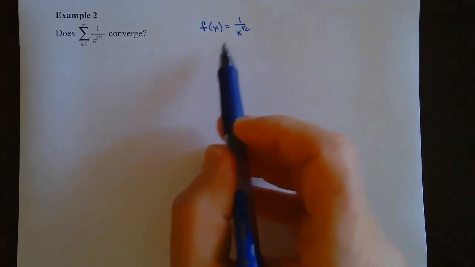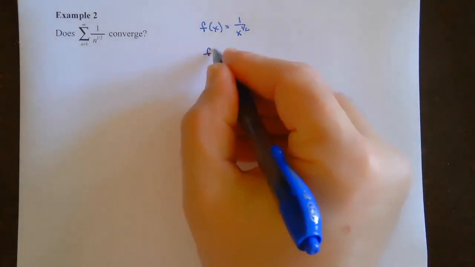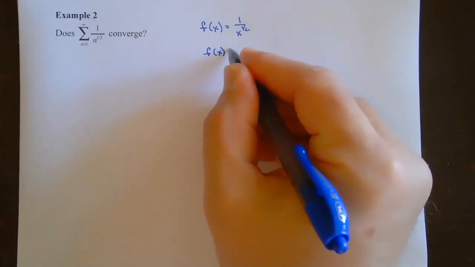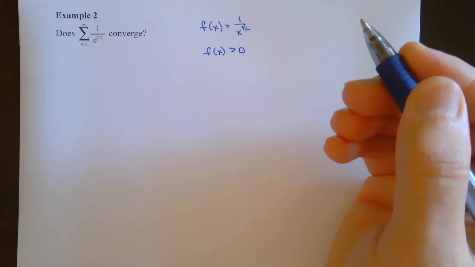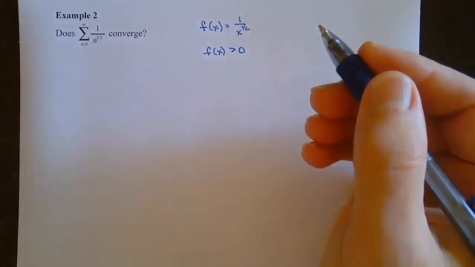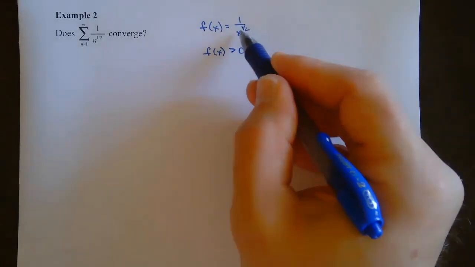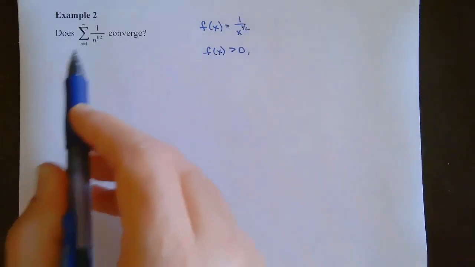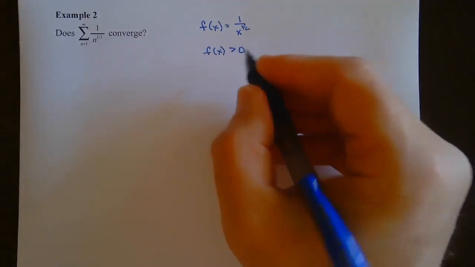And what do we know about f of x? We know f of x is greater than 0, which would mean f of x is positive. I'm writing it a little bit differently. We also know that this function is continuous except for x equals 0, but we're not going to include x equals 0, because we're starting this at 1.